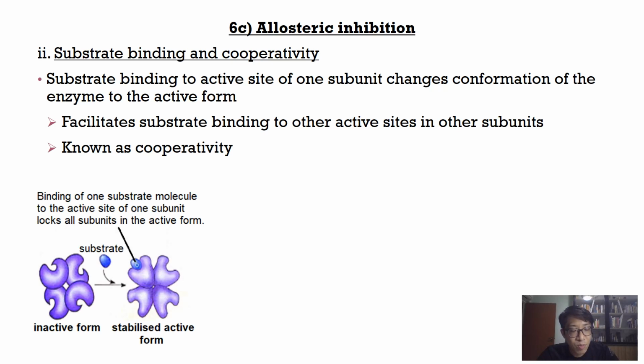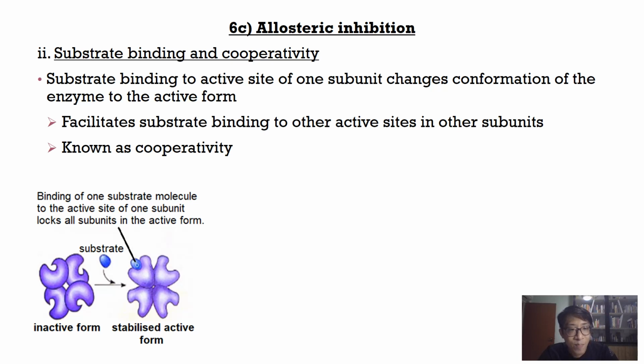This is represented in the picture that you have in the notes. If the enzyme was at first in the inactive form, it has a lower affinity to the substrate. Lower, not zero. So the substrate would still be able to bind, just harder to bind, or less likely.